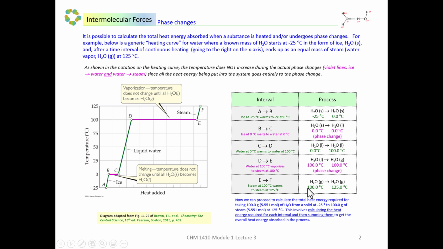And then we'll sum up all those heats to give the total heat energy required to go from ice at minus 25, point A, to steam at 125, point F. We'll do that on the next slide. So again, we're going to calculate the heat energy required for the transformation of 100 grams of ice, or 5.551 moles of ice, at minus 25 to steam at 125 degrees C.